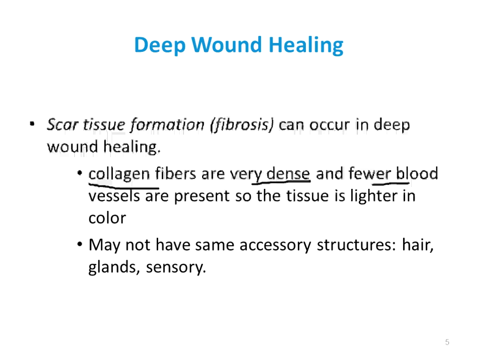So typically, scars aren't as functional. They don't have hair, they don't have sweat glands, they don't have sensory structures, so a big scar can actually inhibit the functionality of your skin.